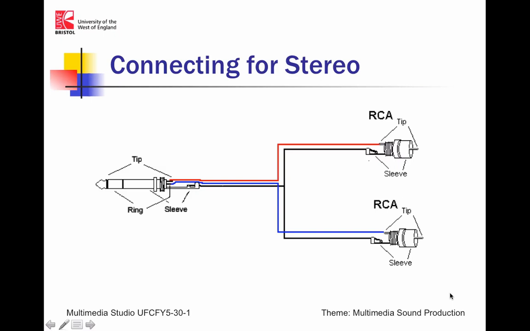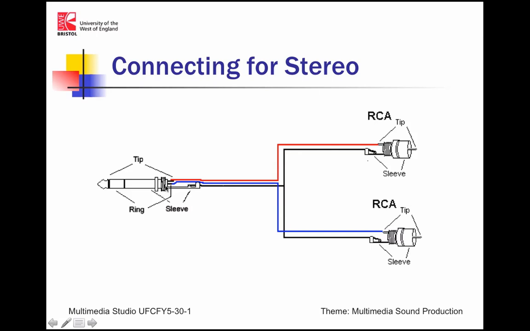So connecting for stereo, typically you'd have a jack plug with insulated segments, and the tip would be the right-hand channel, then the middle section would be the left-hand channel, and this longer section here would be a common earth.